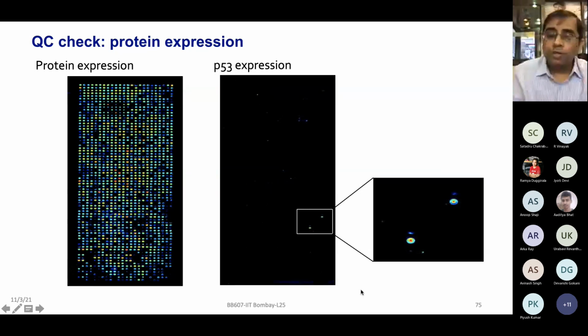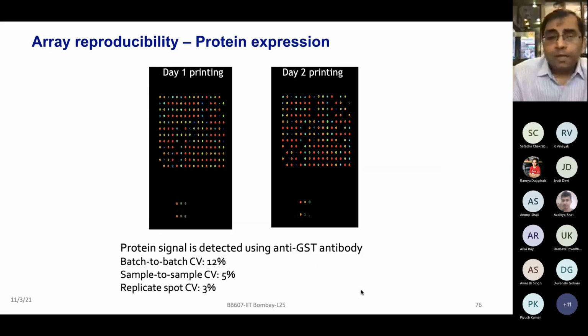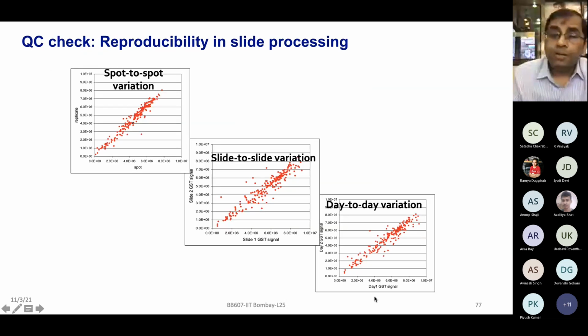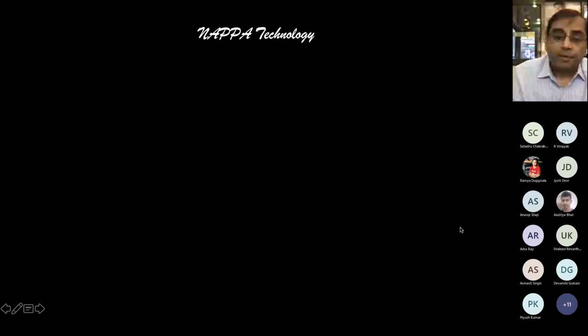Despite there being thousands of proteins, only the P53 protein is expressed and binds the anti-P53 antibody. So a lot of QC checks go on for comparing the signals before you can actually move on to the biomarker discovery program. Spot-to-spot variability, slide-to-slide variability, and day-to-day variation are all plotted to ensure that we are looking into the right type of technology.